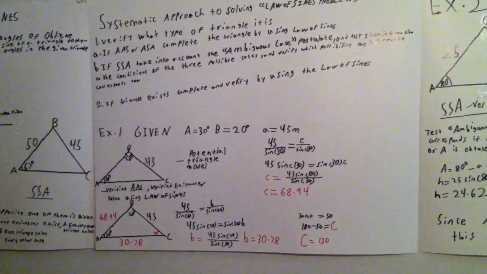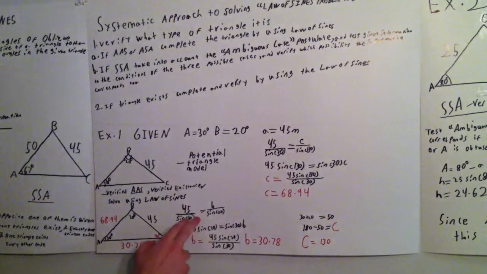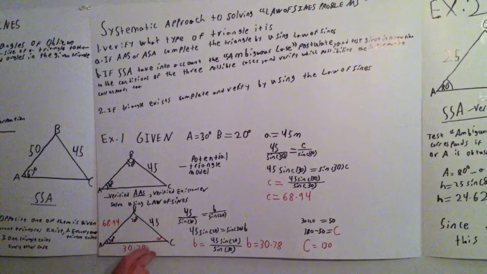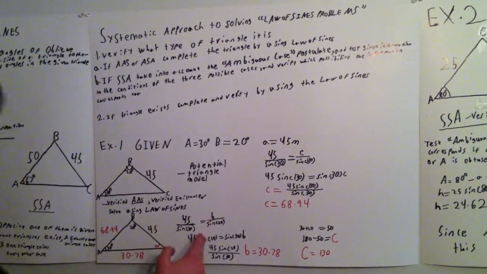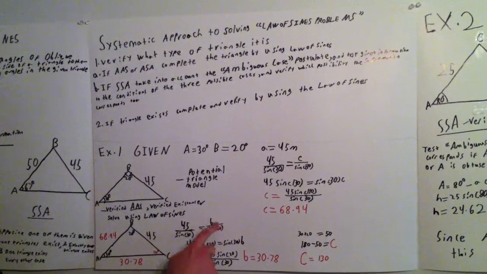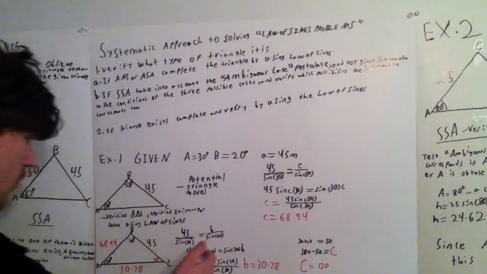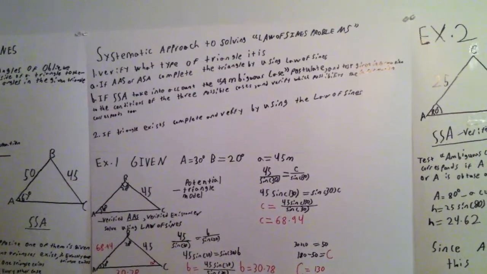For example, when solving for side b, we took 45, which was the length of side a, over the sine of angle A, which was 30, and equated it with our unknown side b over the sine of angle B, which was 20.